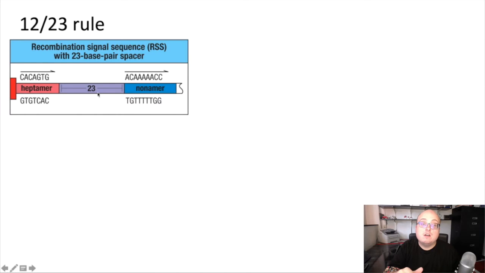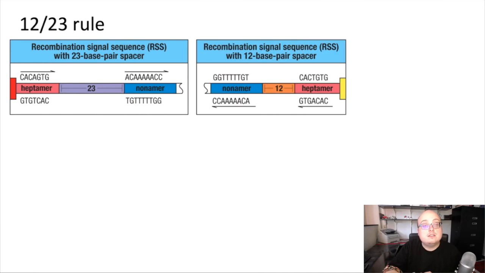Some segments are flanked by an RSS with a 23 base pair spacer, whereas other segments are flanked by an RSS with a 12 base pair spacer. They look the same for the most part, except there's a different amount of space between the heptamer and the nonamer.